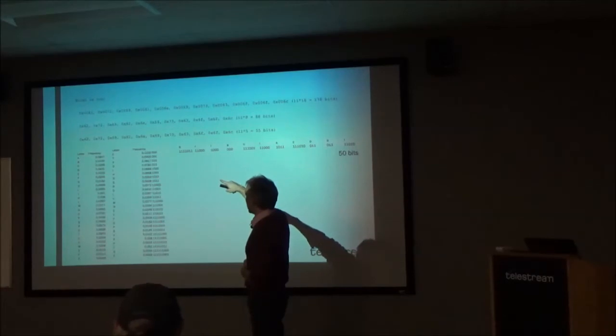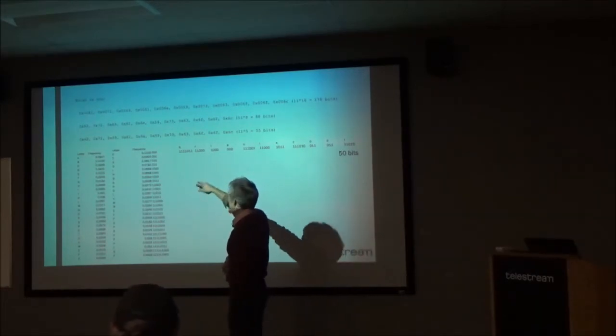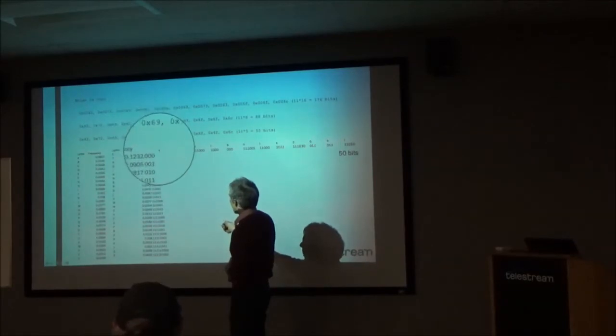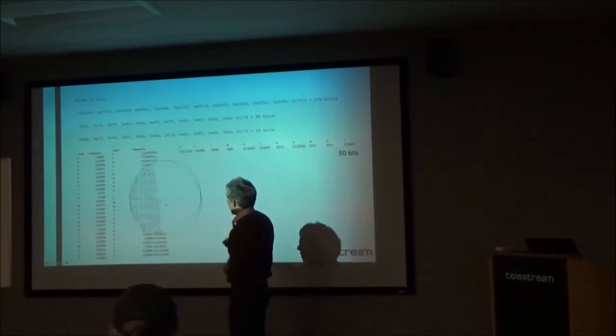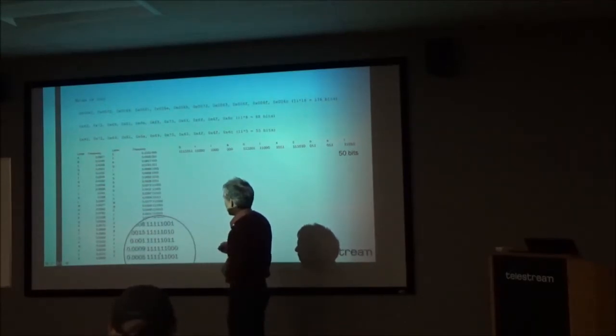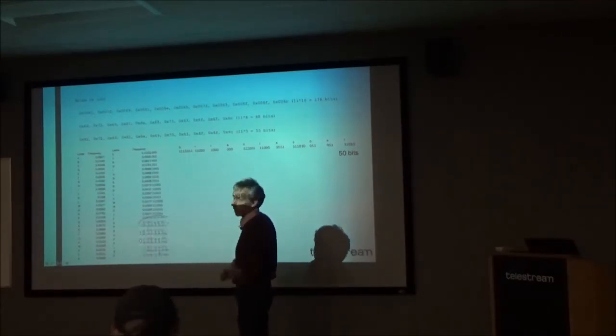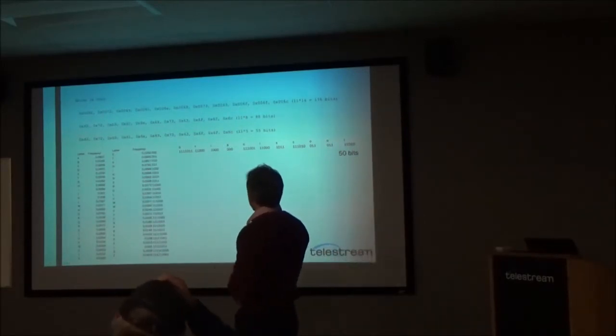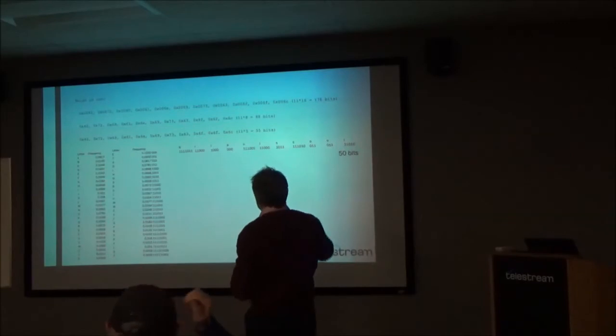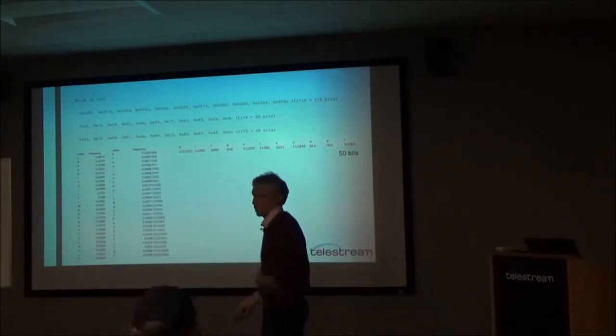After the frequency, this may be a little small for you to see, I've put a code. So I'm going to represent E as 000, I'm going to represent T as 001, etc. And I'm going to represent Z as this great big number 111111001 here. So a lot more bits to transmit a Z than an E, and if I write it all out, I can get it down to 50 bits here.